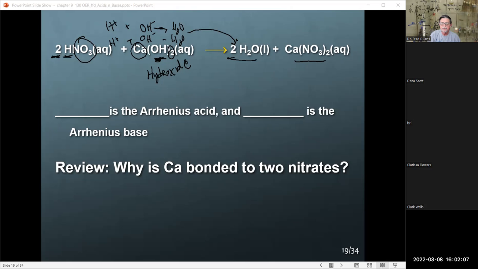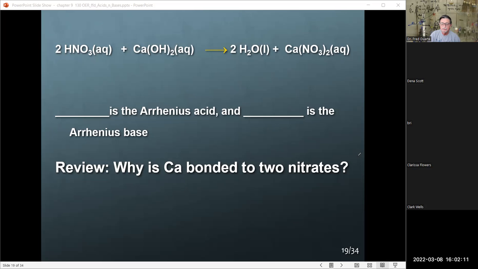Now, let's do something here. All this brings us to this scenario, which is an introduction to balancing, keeping Mother Nature happy. If we look at the total number of hydrogens in the reactants, I've got 2 hydrogens here, and in the hydroxides I've got 2 hydrogens, so that's a total of 4 hydrogens, right? 2 of them in the form of hydroxide, 2 of them in the form of the proton. Look at the product side. I've got 2 molecules of water.